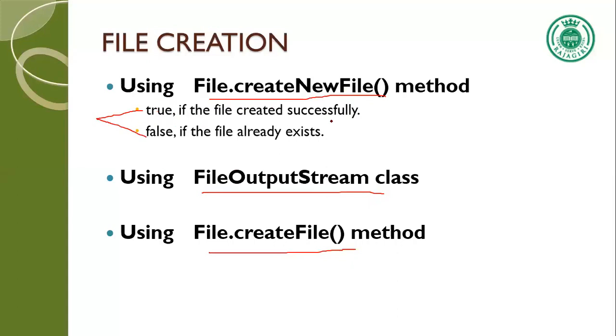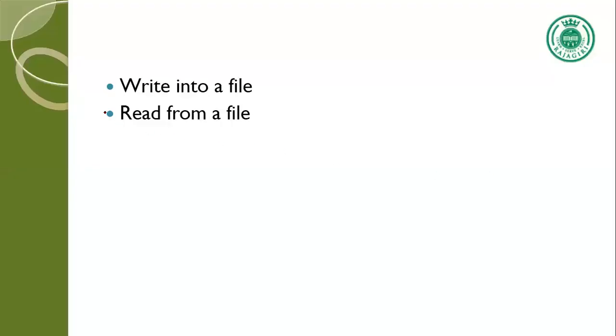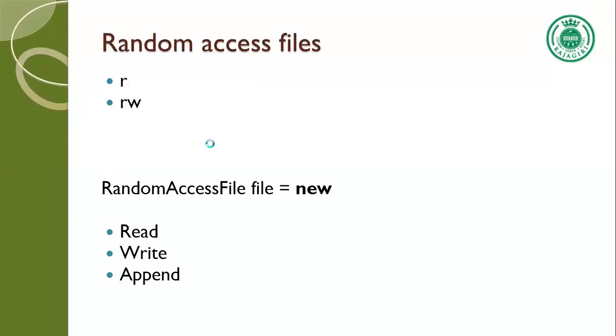True if the file is created successfully, and in case such a file already exists, it will give you a false. So please have this. We will be seeing all these: file, create new file, the file output stream class. We will even see another class called the File class, and then the file dot create new file method. We will even have to look into how you will write into a file and how you will read from a file.